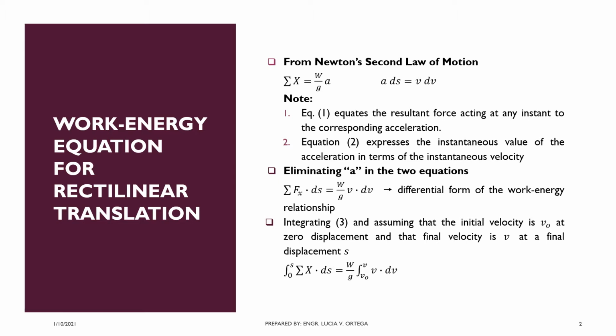Integrating equation 3, and assuming that the initial velocity is v sub o at zero displacement and that the final velocity is v at a final displacement s. Integrating the left side of the equation, the limits would be 0 to s, and integrating the right side, W over g is constant, the limits would be v sub o up to v.